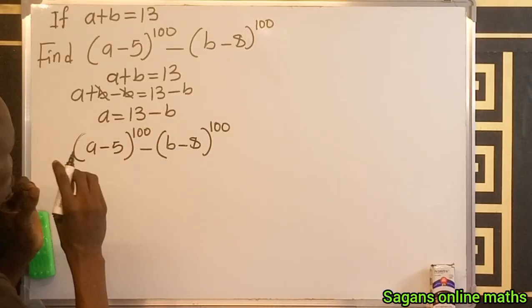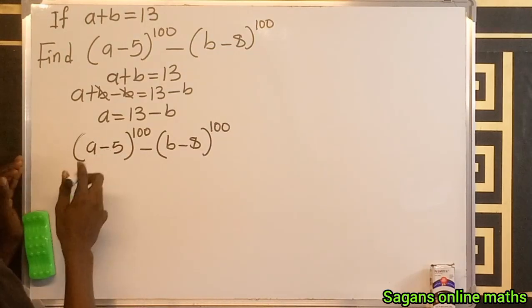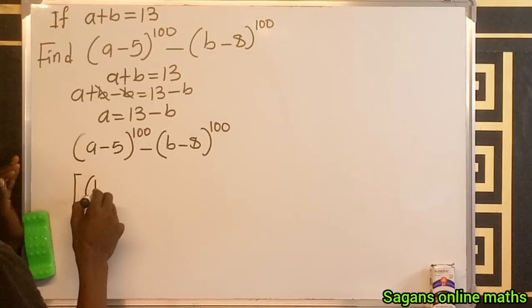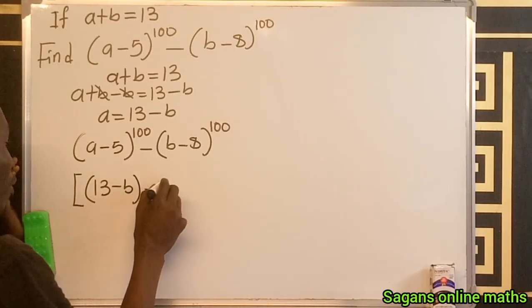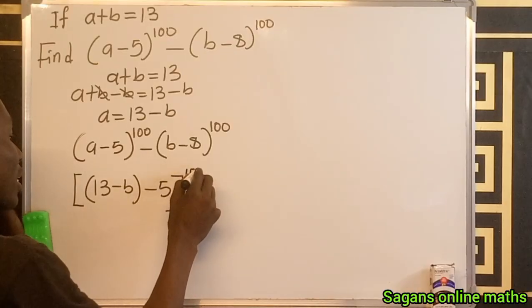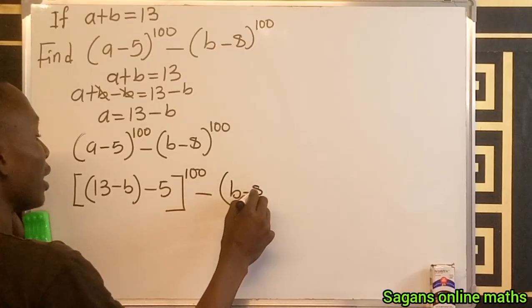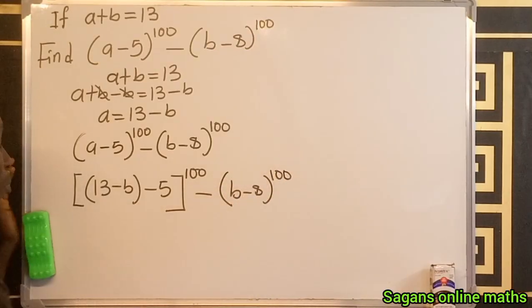Now, we are going to substitute the value of a into this. So that this is bracket, then 13 minus b, then minus 5, bracket close, all to the power of 100, minus (b minus 8) all to the power of 100. Wow.